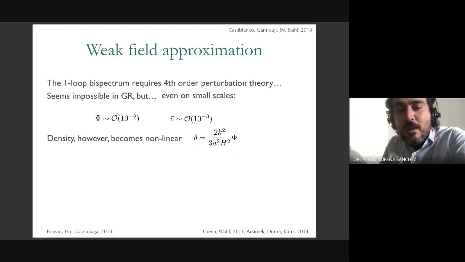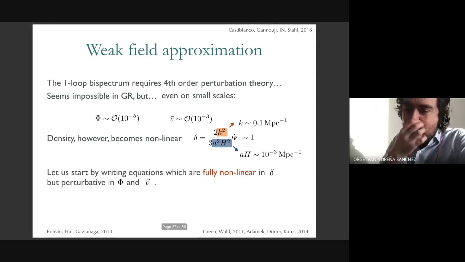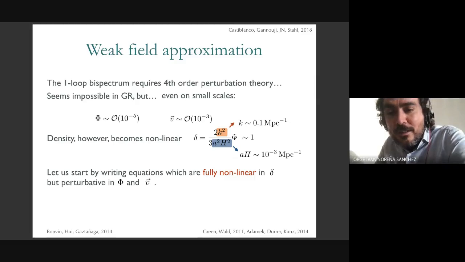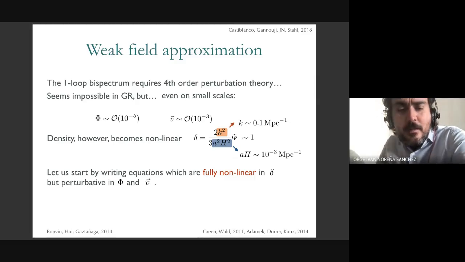So we can take a weak field expansion in which we take the metric to always be small, even if density can become very nonlinear. If I take the Poisson equation and plug numbers, even if phi is small, the density contrast can easily be of order 1. And so in this way, by expanding the Einstein equations and the stress energy conservation equation, we can write equations which are fully nonlinear in delta, but perturbative in phi and velocity.